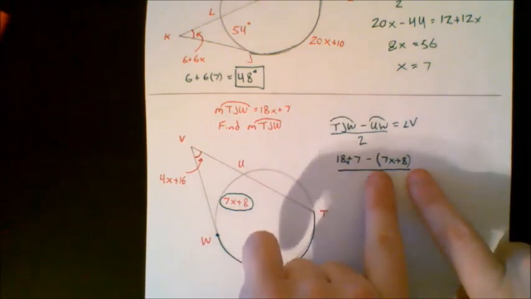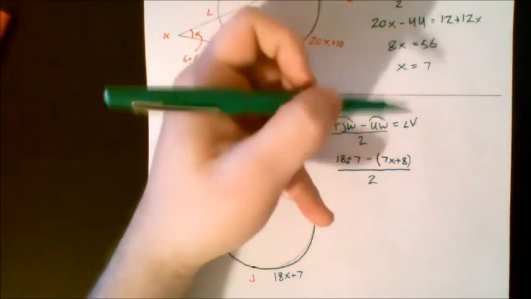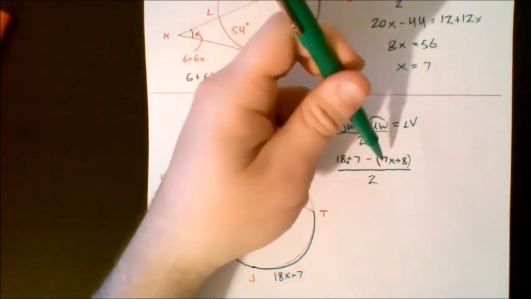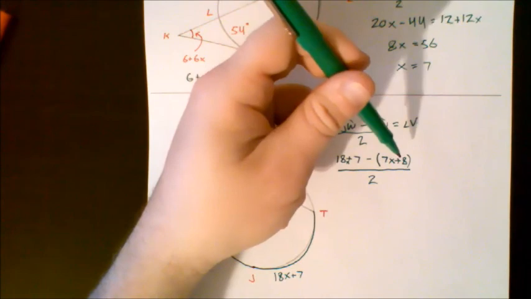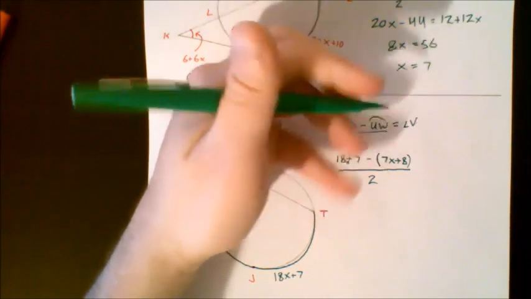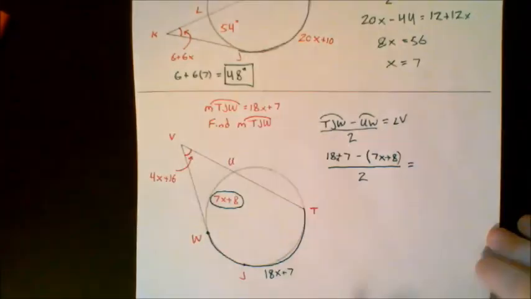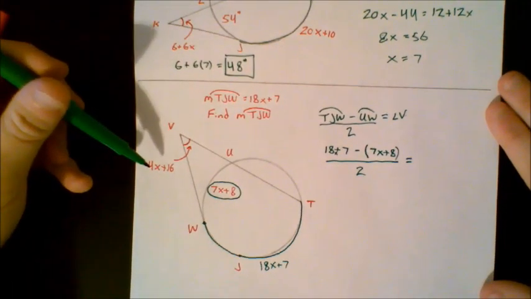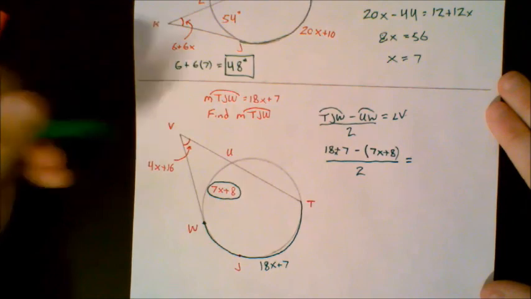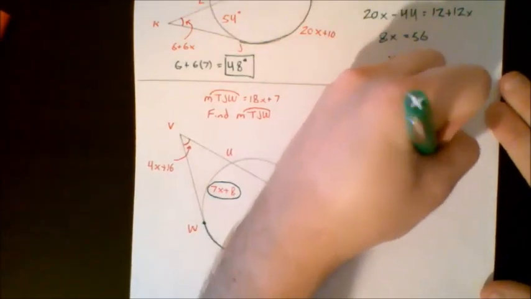If you leave off your parentheses, you are only going to subtract the 7x, but you also need to subtract the 8. And a lot of people forget to do that if we don't put the parentheses there. So let's really be careful, make sure we're using all of the parentheses and following the order of operations. Angle V is 4x plus 16.